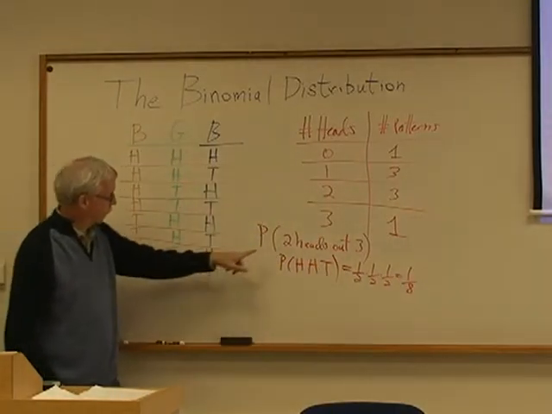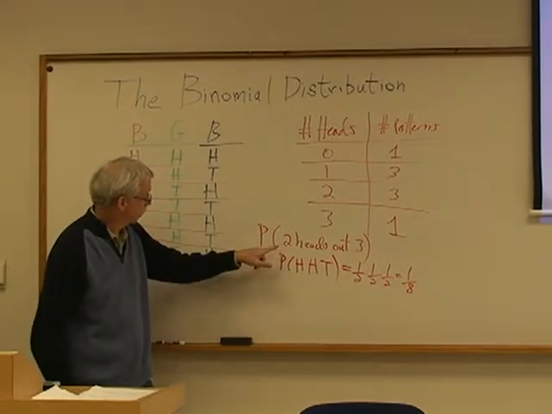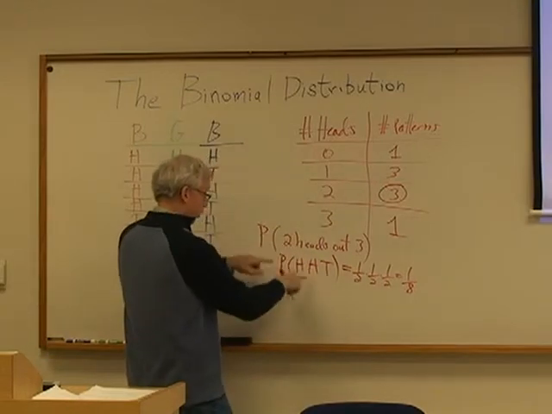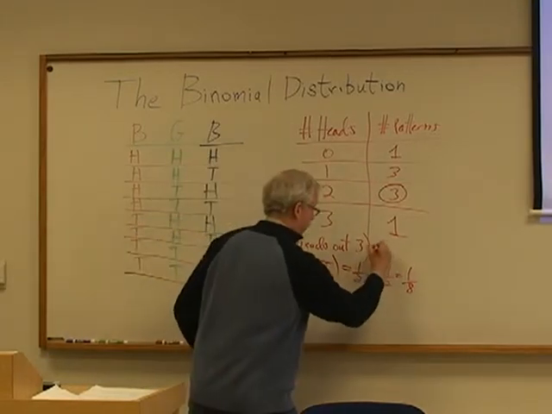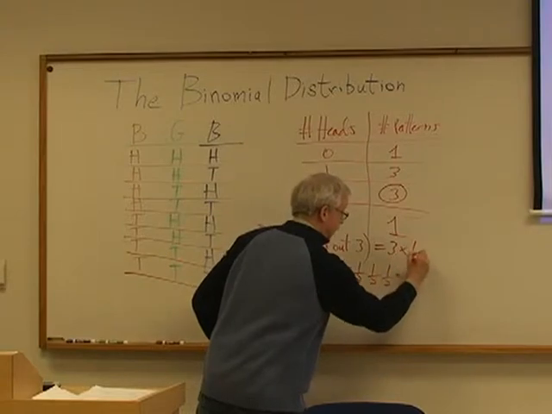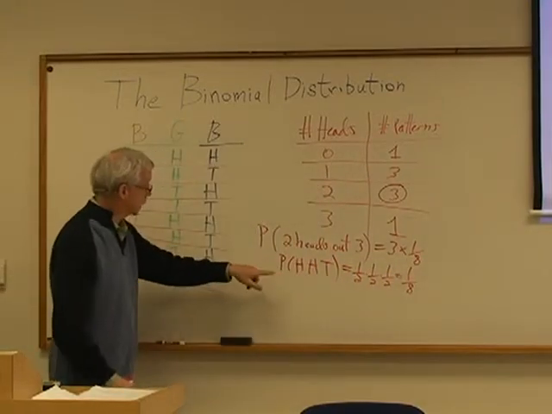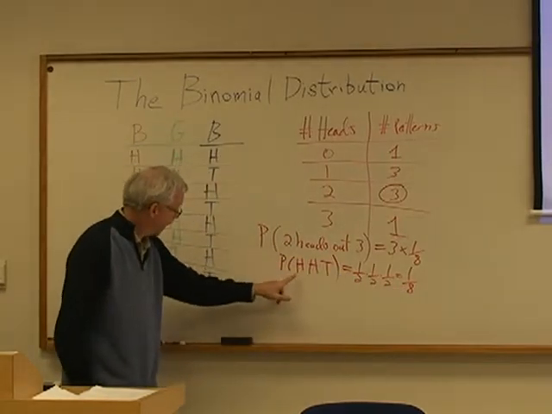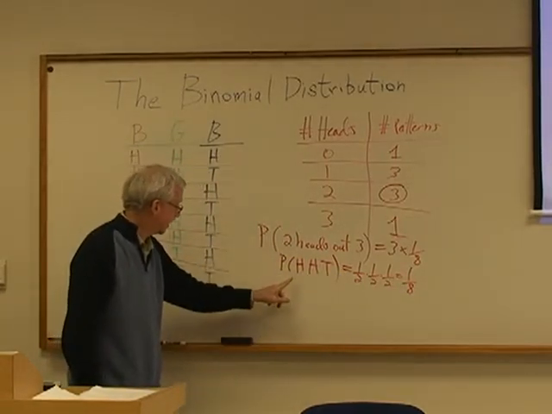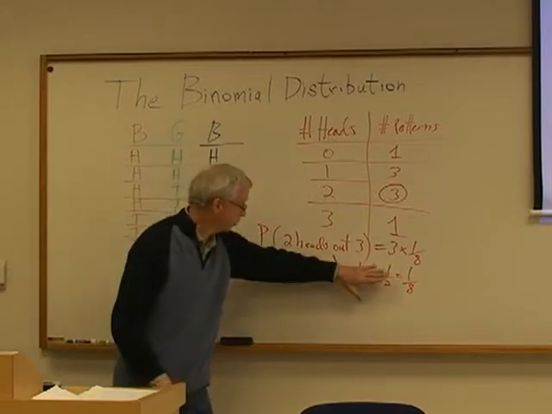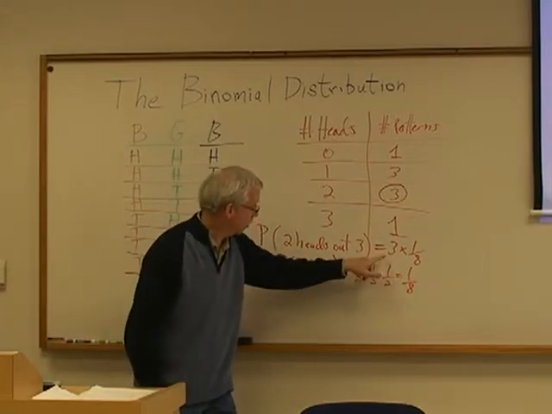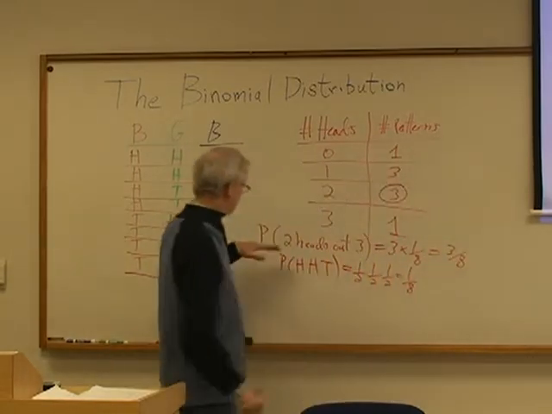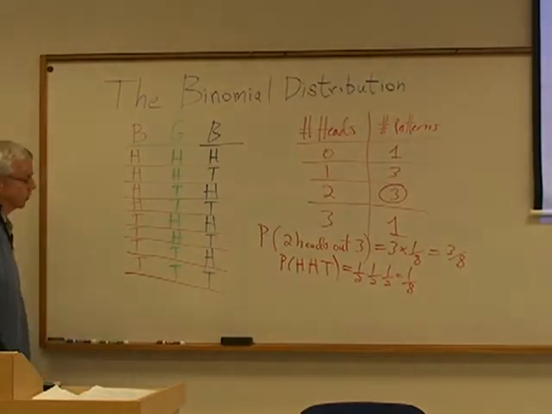But how many different ways can that happen? Well, 2 heads happens 3 different ways. So this answer isn't just this one, but it's 3 times 1/8, because there's 3 different patterns that all have the same probability, 1/8. Heads, heads, tails, heads, tails, heads, and tails, heads, heads, right? Those 3 different patterns all have the same probability, 1/8, so I multiply 3 times 1/8, and I get 3/8 as the probability of getting two heads out of 3.